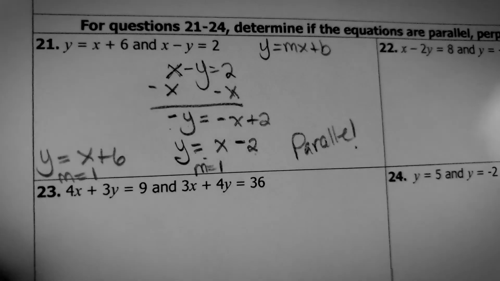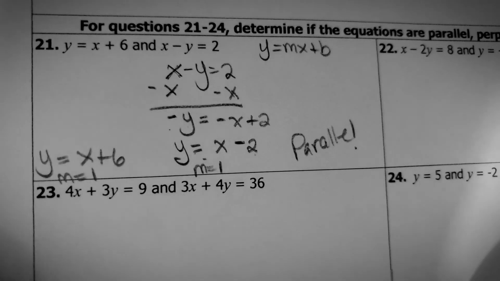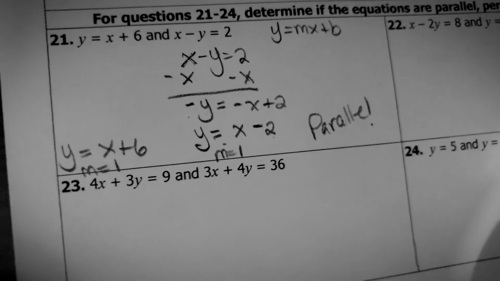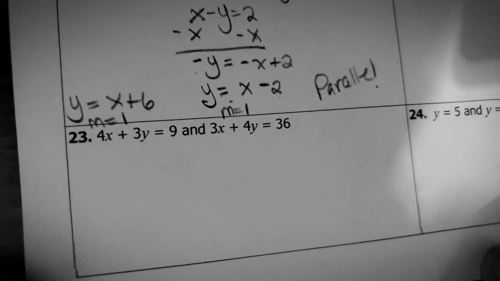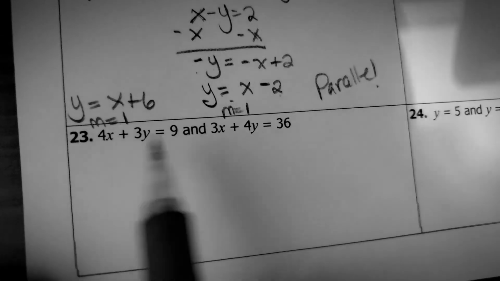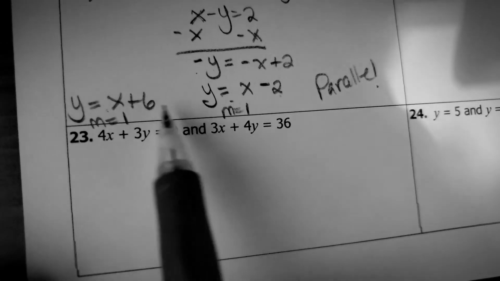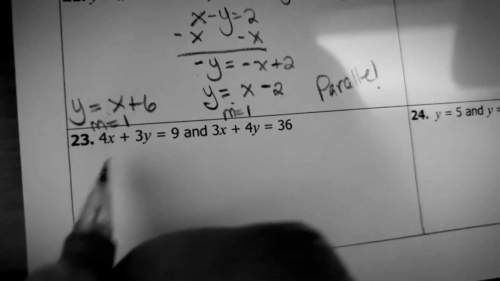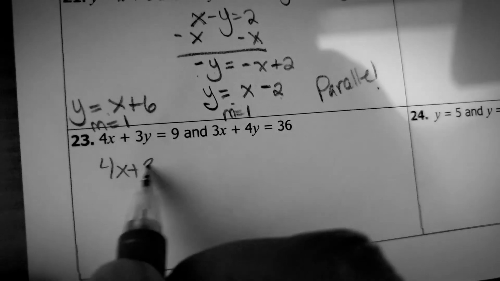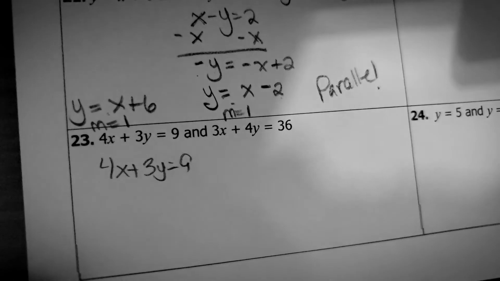Okay. Take a second and pause the video if you need to, but I'm going to go ahead and jump down to question number 23. I'm going to do the same exact thing. My job here is to put both equations of the line in slope-intercept form, because when it's in slope-intercept form, the coefficient of my x term is my slope. So the very first equation is 4x plus 3y equals 9.